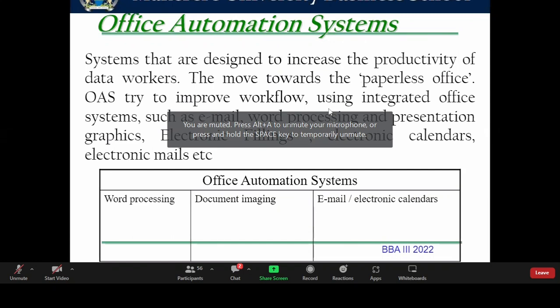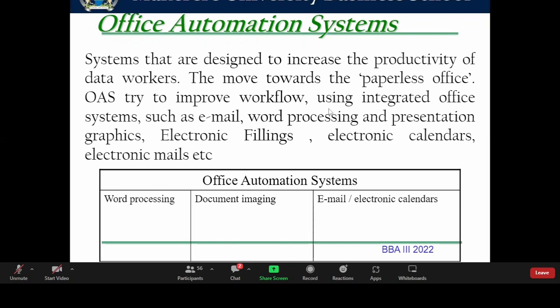Office automation, we've already seen that: word processing, document imaging, emailing, messaging systems. And maybe something to emphasize here is that you're looking at designing to increase productivity of data workers.